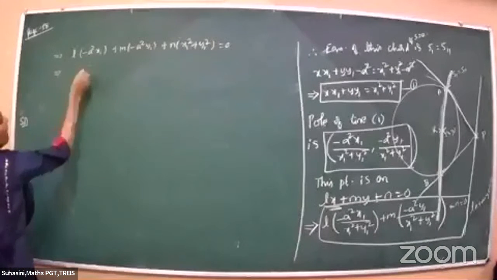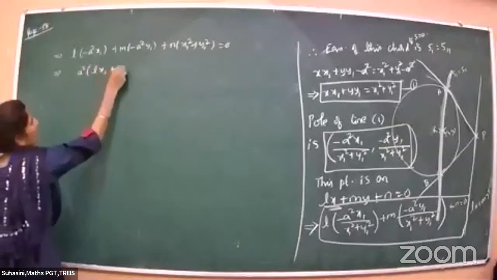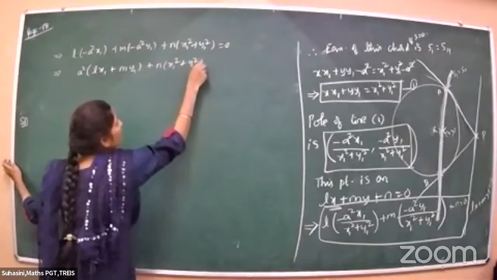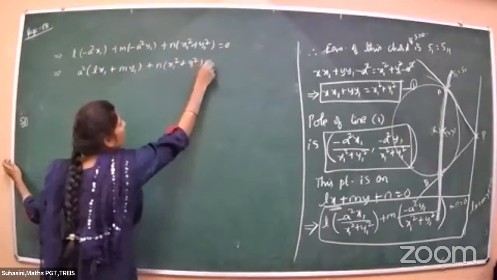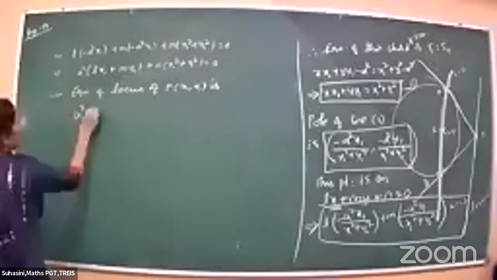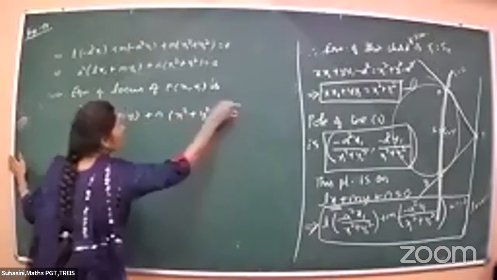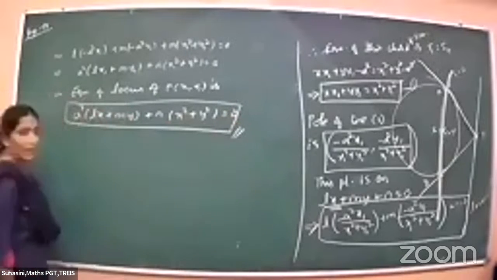Taking minus common and a square common, a square into l x1 plus m y1, plus n into x1 square plus y1 square is equal to 0. The equation of the locus of x1 y1 is, just drop the suffixes, children: a square into lx plus my plus n into x square plus y square equal to 0 is the required equation of locus of P.